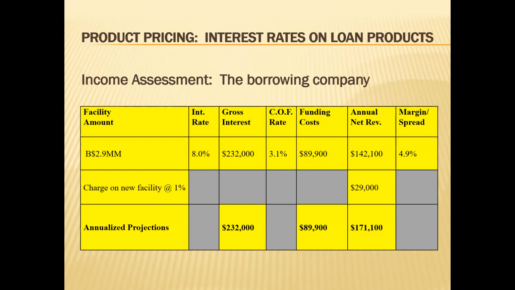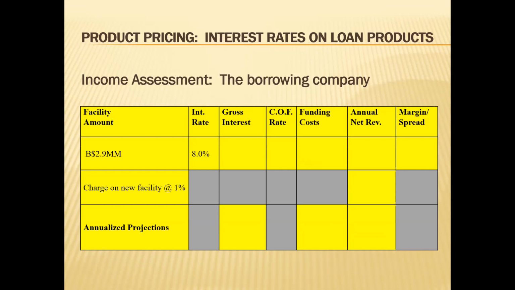The annual net income, you subtract the funding costs from the gross interest amount. That gives you 142,100. And then to get your margin or your spread, you subtract your cost of funds rate from your interest rate, and you get 4.9% as your difference.